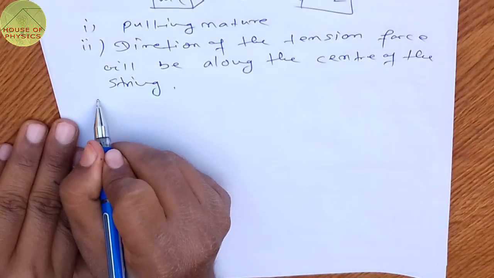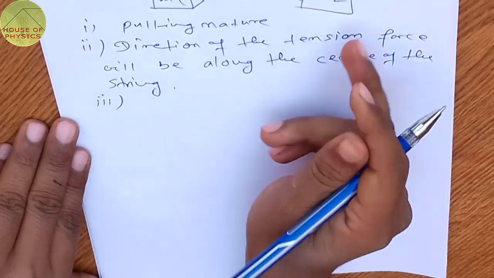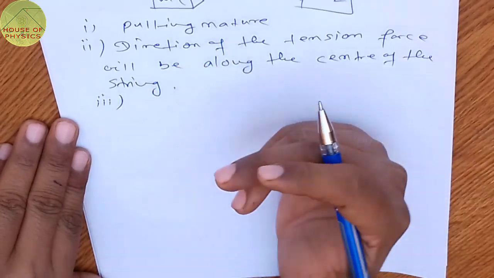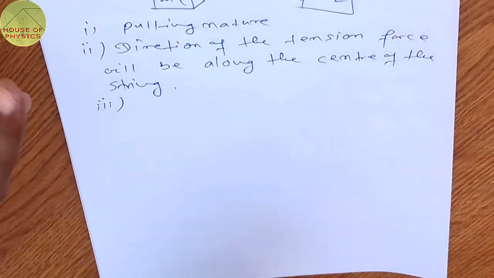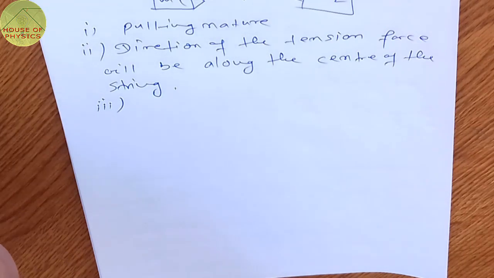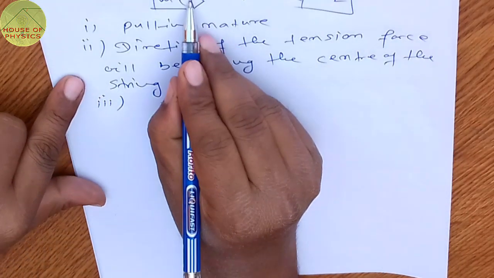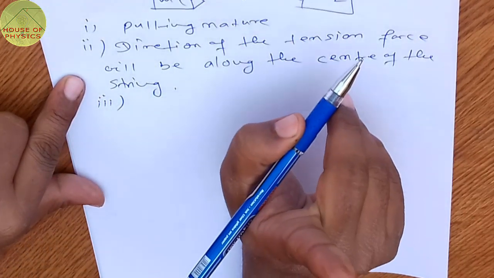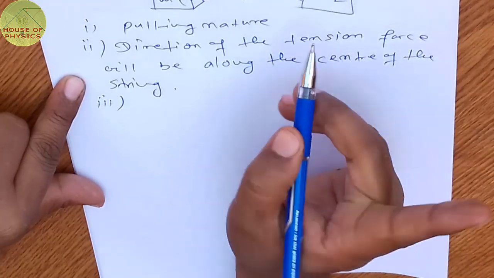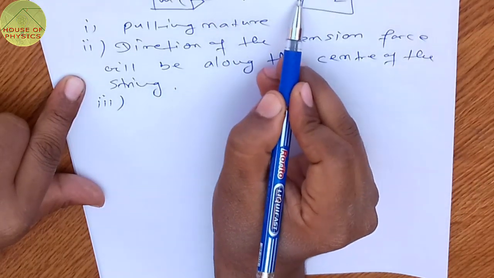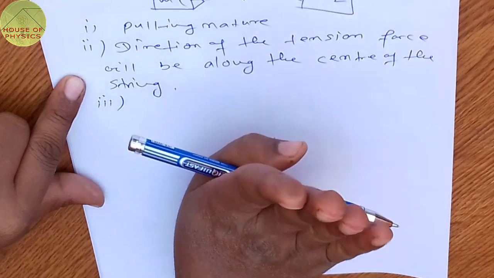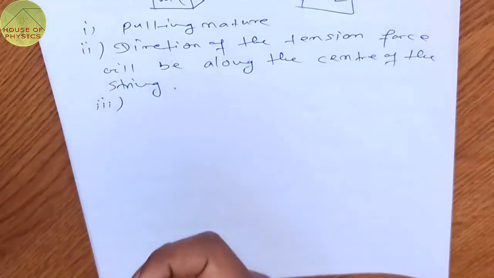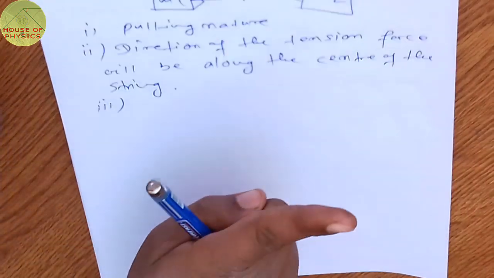And one more thing is very important to know here: if the string is the same, it means if two different strings are not there, if there is no node in the string, then the tension throughout the string will remain the same. This is a very important point. Again I am repeating that the tension force throughout the string remains the same unless there is a node in the string or two different strings are attached.